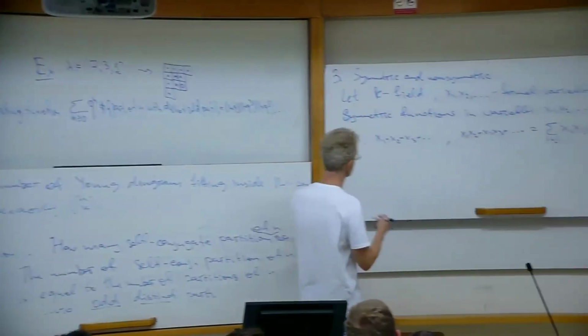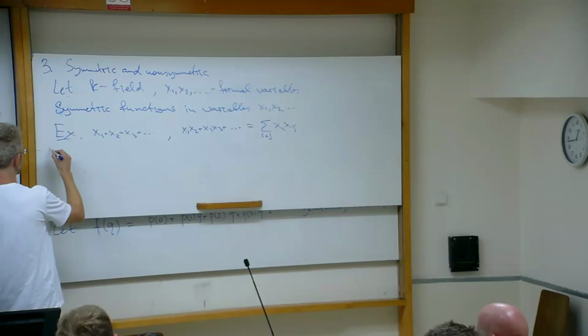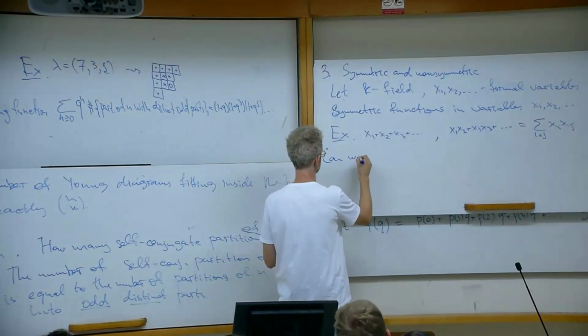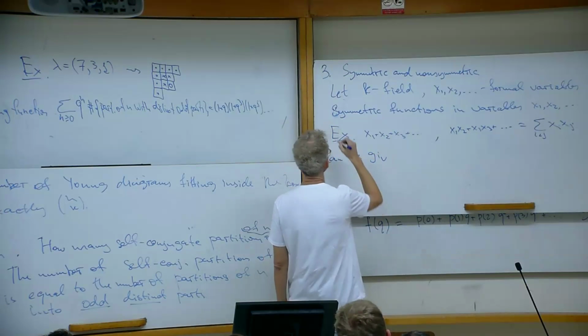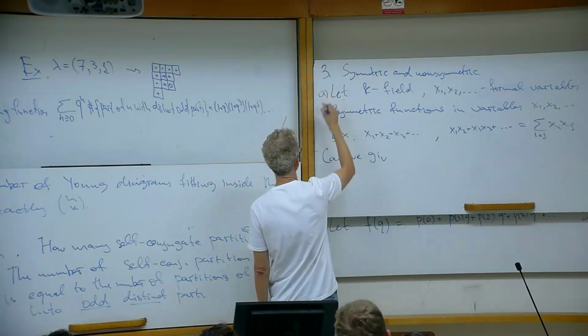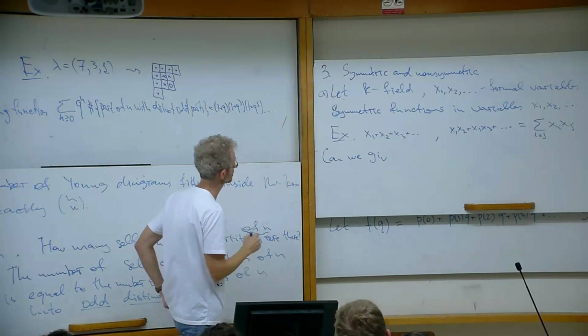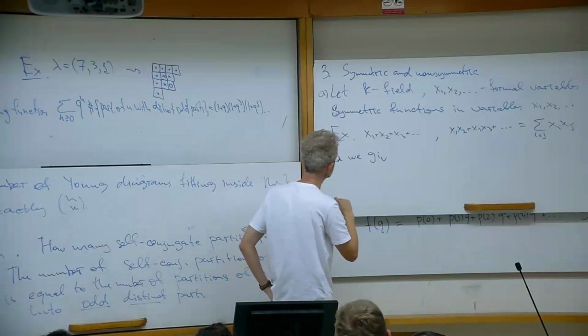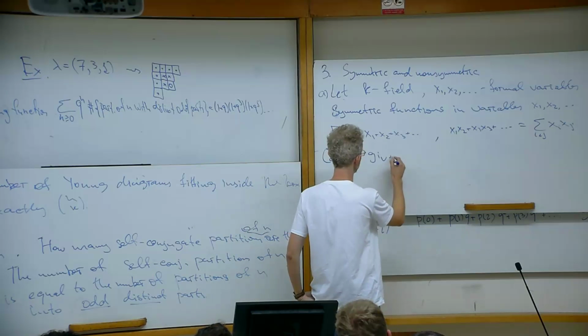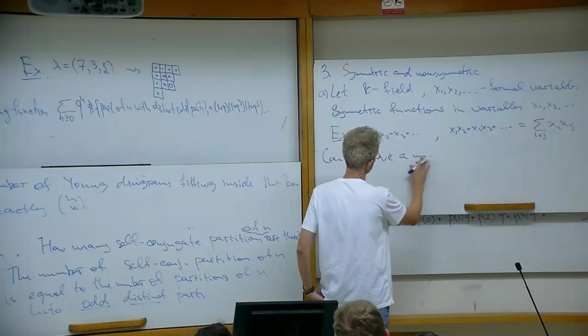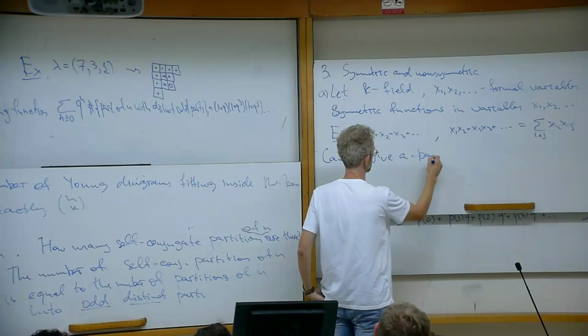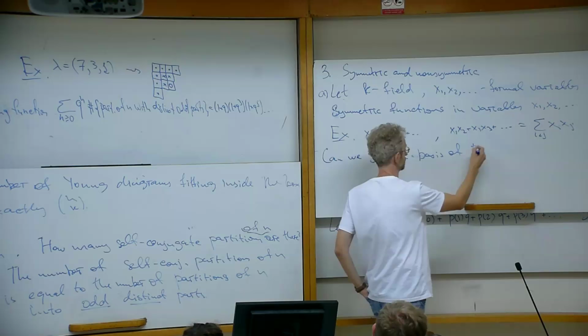Maybe I should also put a symbol here, which means that we are talking about symmetric things. So what is the basis? Can we give a monomial basis or some basis of this space?